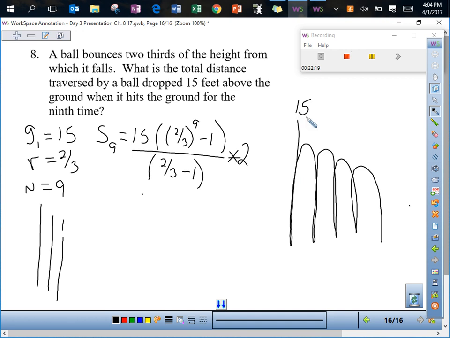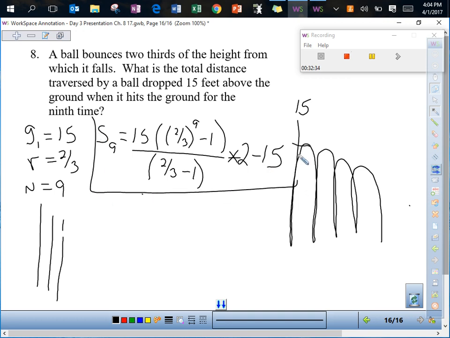Notice that when I dropped it from 15 feet, it hit, then it came back up 2/3 of that. So it came back up to 10. So I'm going to subtract away 15. There's what we need to run through our calculator to get about 72.66 total feet that the ball moved.